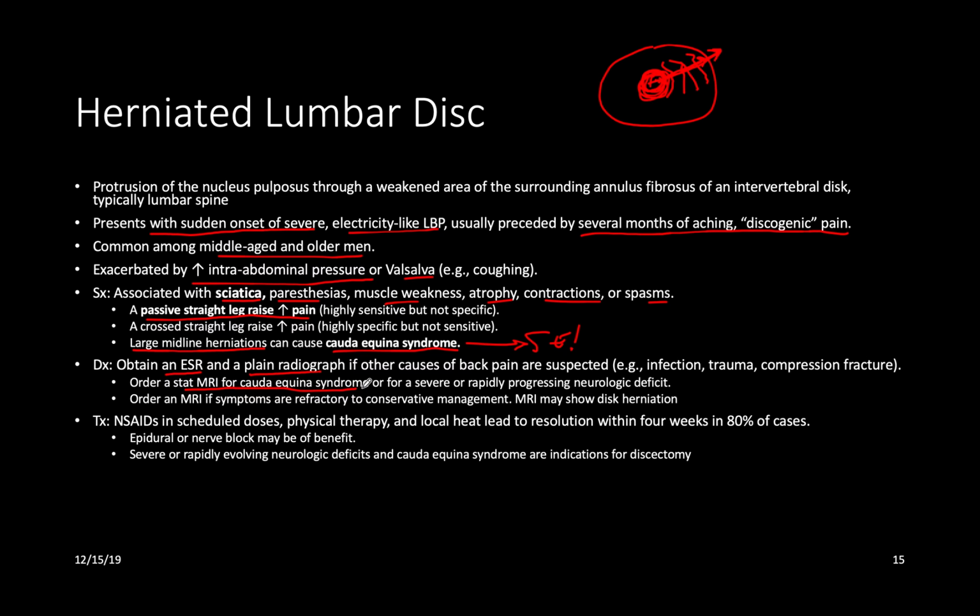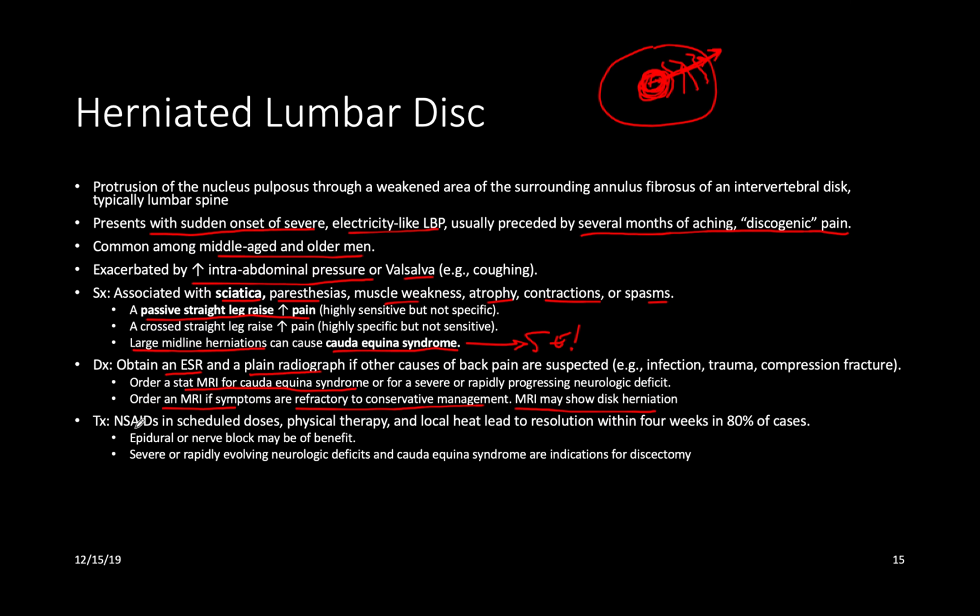So this is kind of getting into making the right choice on CK. If you are seeing a patient that looks like a herniated disc, but then they also have urinary retention, you're going to skip the abdominal x-ray and go straight for MRI. Okay? All right, great. Order an MRI if symptoms are refractory to conservative management, and then you can obviously see that disc herniation beautifully on MRI.